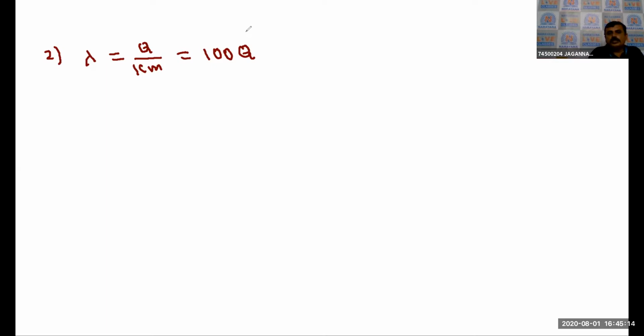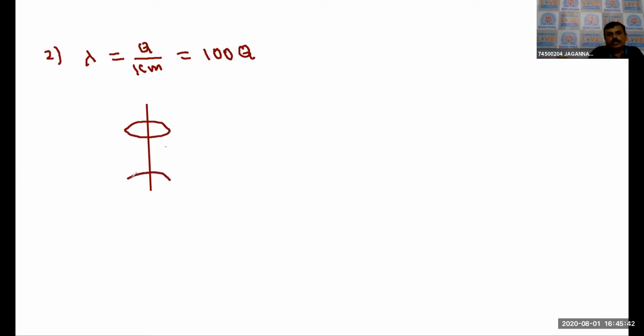A straight wire is given. I'm drawing this infinite straight wire here. Now, along this straight wire, one conductor cylindrical body is present.